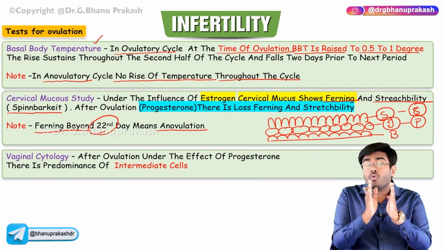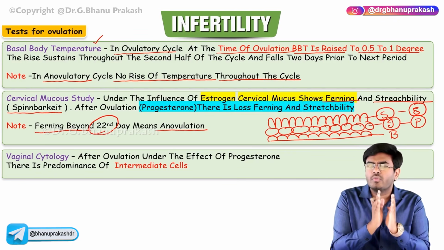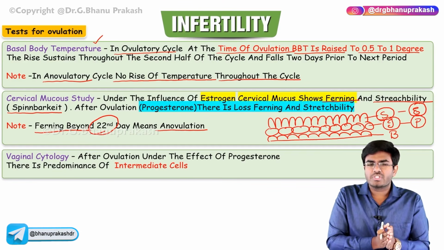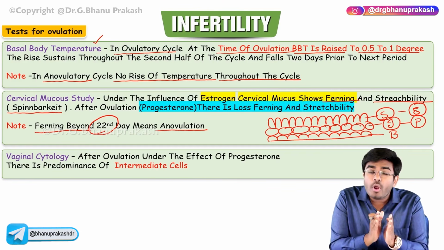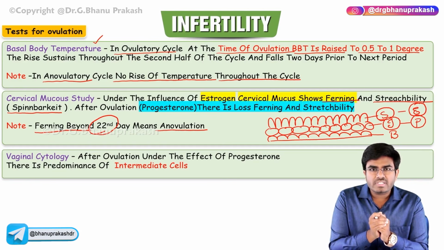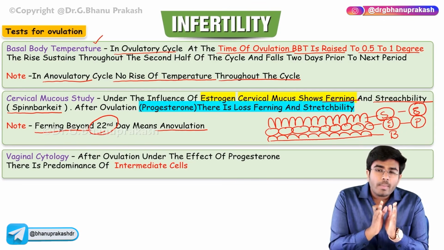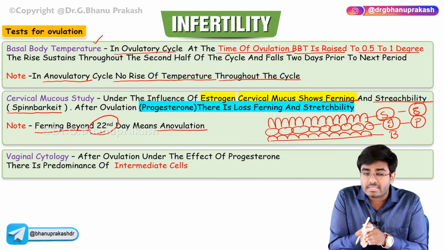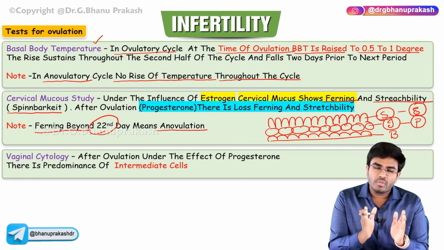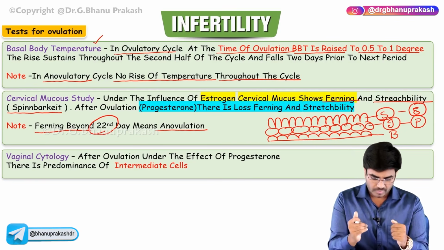See, if she is ovulating, think logically. If she is ovulating, there will be progesterone, and under the effect of progesterone, there should be more number of intermediary cells. But in second half of menstrual cycle, if there are more number of superficial cells it means ovulation has not happened, anovulatory cycles are happening in this female.